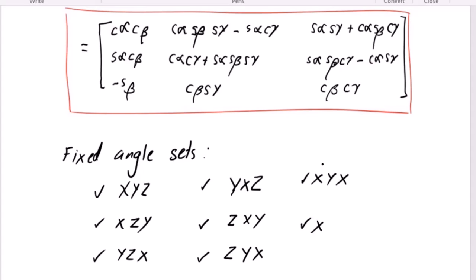So here, the angle will be gamma, beta, gamma again. So X, and this is Z, X, X, no?